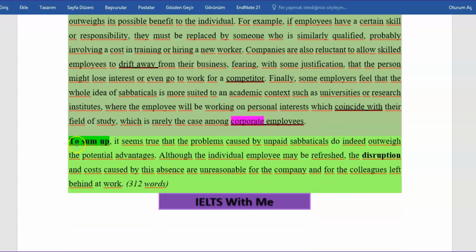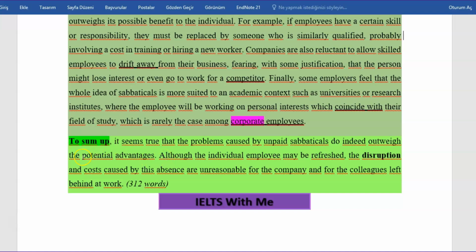And at the end, to sum up, to recapitulate, all in all, to conclude, it seems true, usage of impersonal style, that the issues caused by unpaid sabbaticals do indeed outweigh the potential advantages.